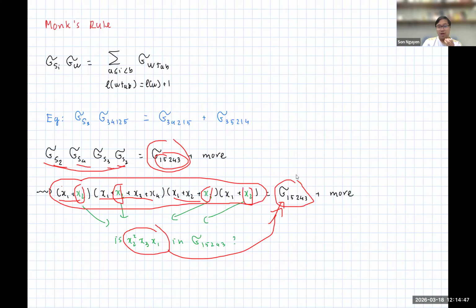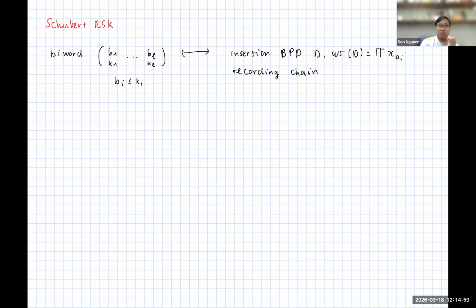So the question is, how do we know which monomial contributes to this Schubert? The technology to determine that is called Schubert RSK. To do Schubert RSK, the input would be a biword. A biword looks like this: you have two rows of numbers, very similar to RSK, and the top row is smaller than or equal to the second row.